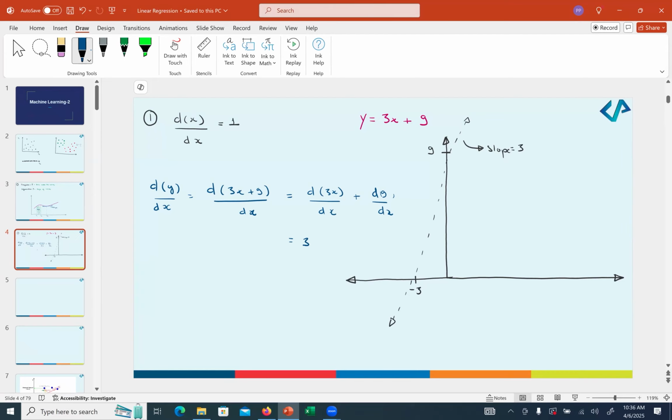Differentiation of 3x will become 3. Differentiation of a constant is always 0, because a constant does not vary, does not change. So differentiation of that will be 0. What is differentiation of x with respect to x? 1. So the answer is going to be 3. So from here comes the concept that differentiation of x with respect to x is nothing but 1.